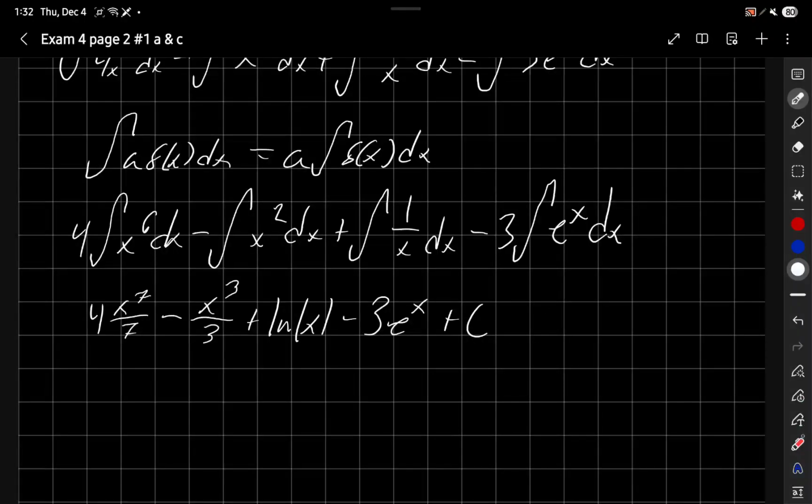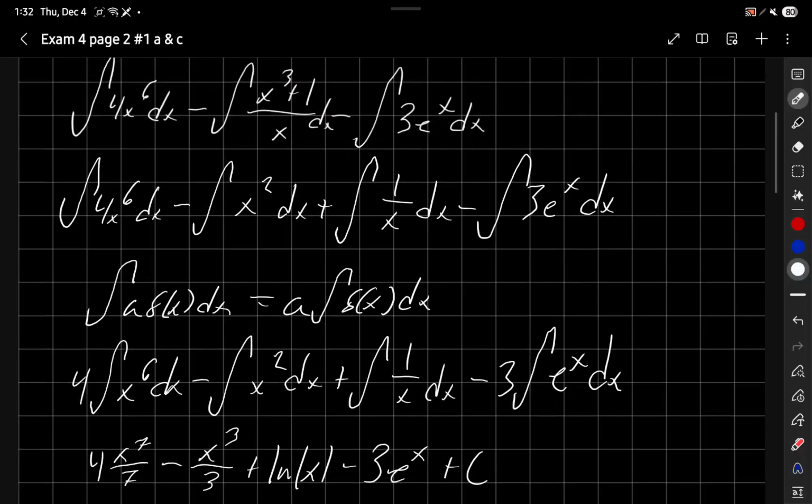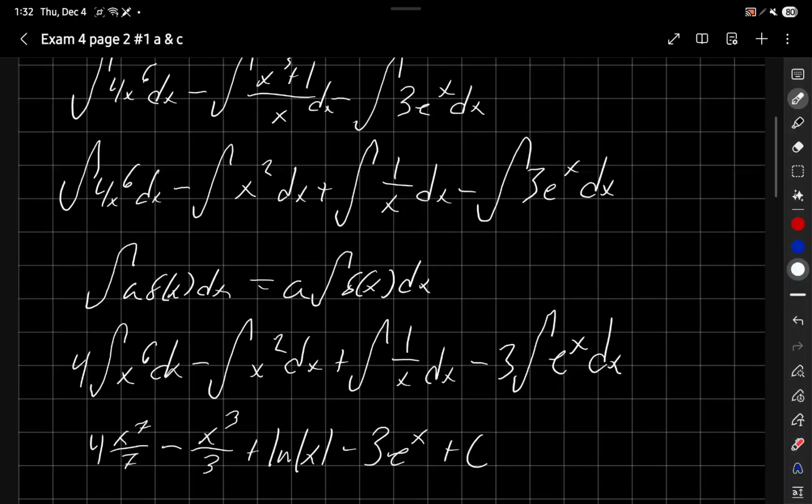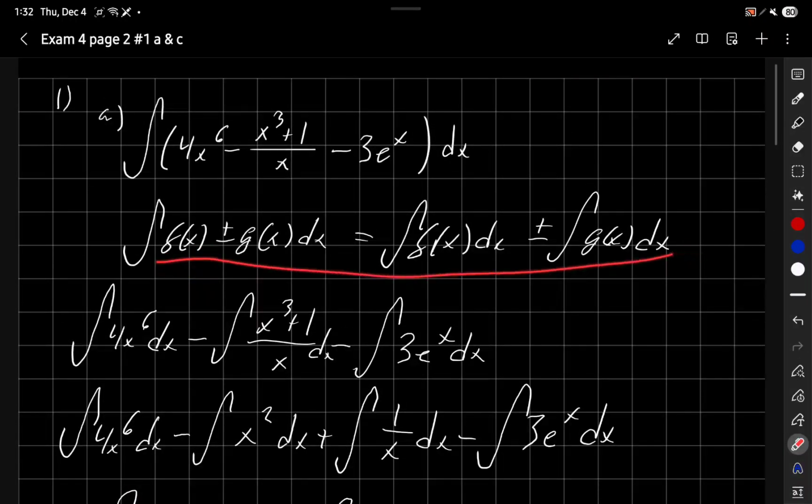Always got to make sure to remember putting in that plus c. So this is relatively straightforward. This is the final answer. Nothing too much, just a couple things to remember, like this rule and this rule.